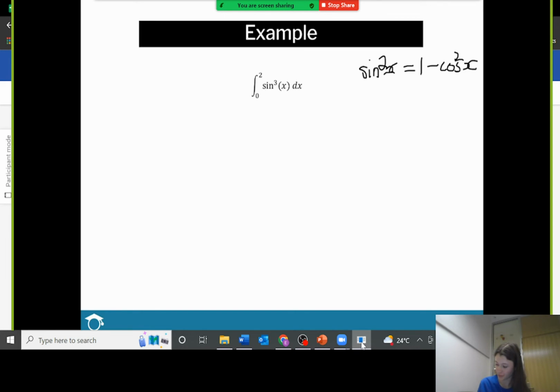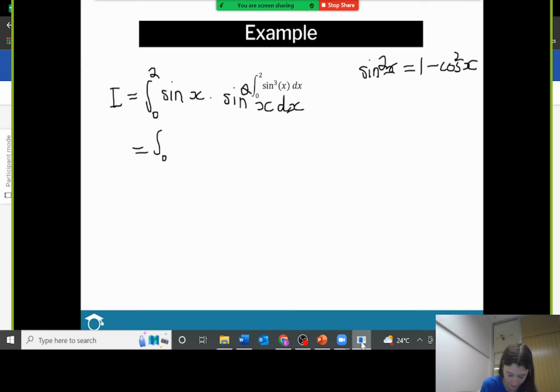So if we split this up and say that our integral is equal to 0 to sine x multiplied by sine squared x dx. It's getting a bit messy already. And since we know that sine squared x is equal to what we have over here in the right-hand corner, that means we have 0 to sine x, 1 take cos squared x.